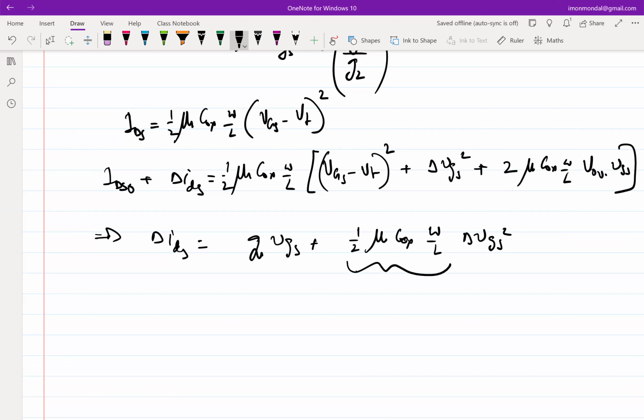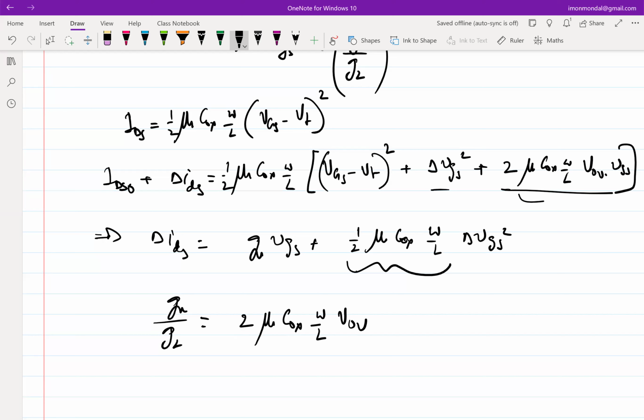And what is GM over G2? It is basically the ratio of these two: 2 times (VGS minus VT), the overdrive, or the other way around.